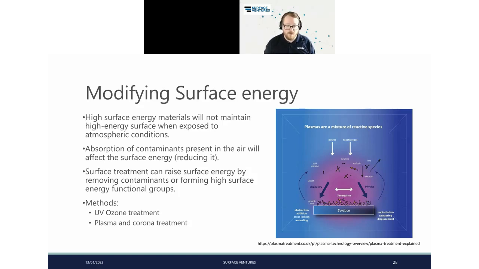Contaminants will absorb onto the surface, such as oxidation of metals, which is a classic one. So we can perform different surface treatments to raise the surface energy by removing contaminants or forming high surface energy functional groups. We can use UV ozone treatment or plasma or corona treatment to modify the surface in order to increase its surface energy.